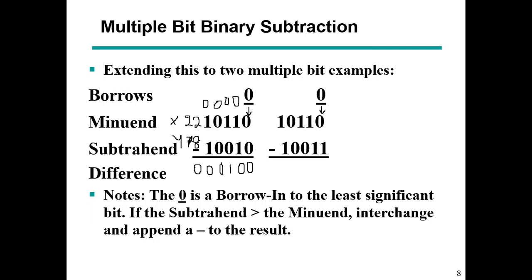So 22 minus 18 is 4. And this is also 4. Okay, 1 0 0 0 0 0 0 0 1 0 0. This is also 4. Okay, now let's look at these two numbers.